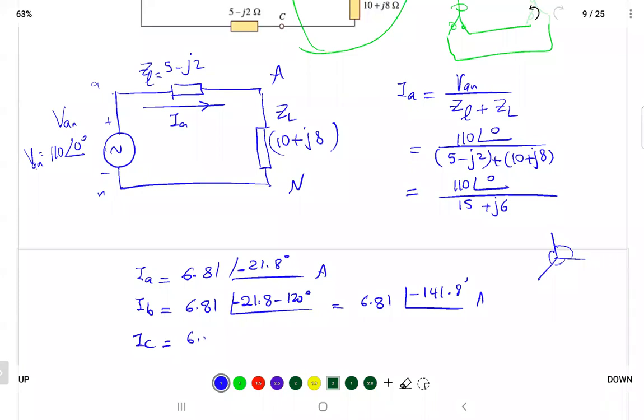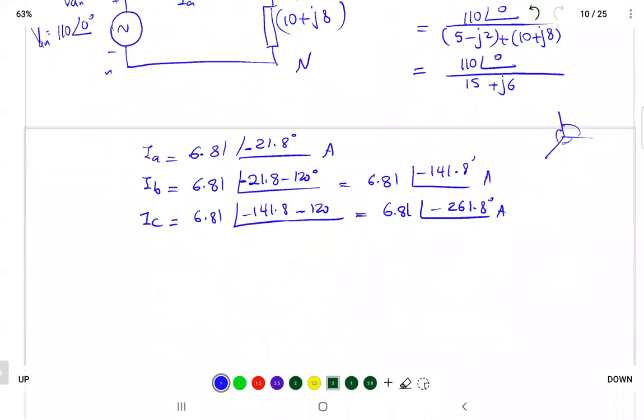So we'll have 6.81, and I take the last angle I got, which is minus 141.8, and I subtract another 120. So I will get 6.81 at negative 261.8 degrees. When you have a big negative angle like that, to get the equivalent positive angle, all you are supposed to do is add 360 degrees.